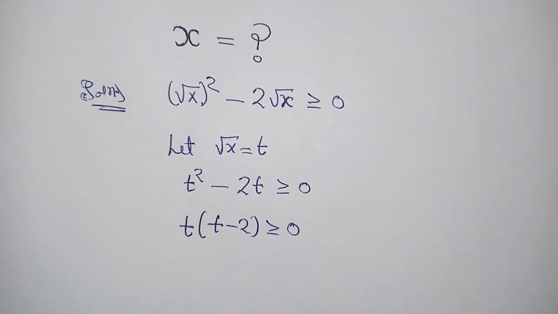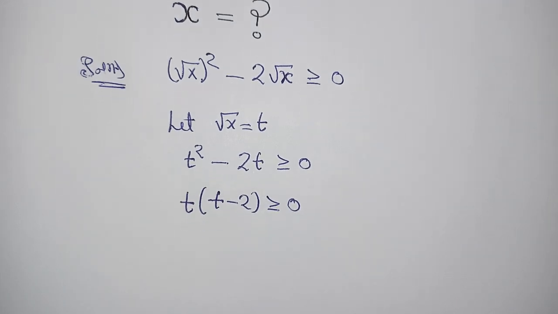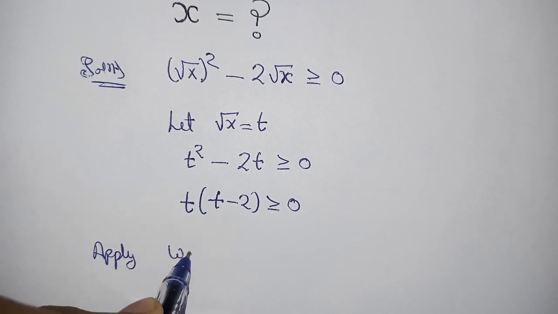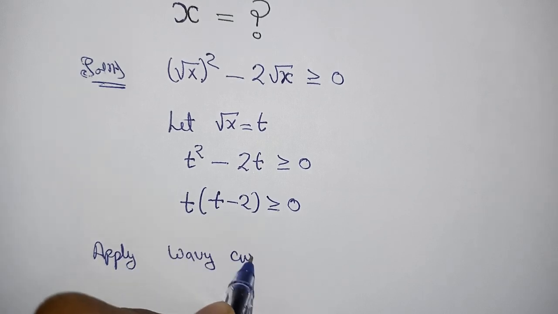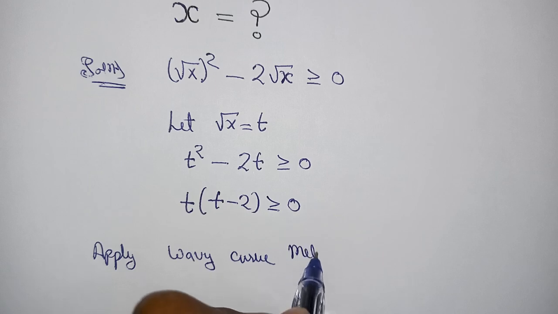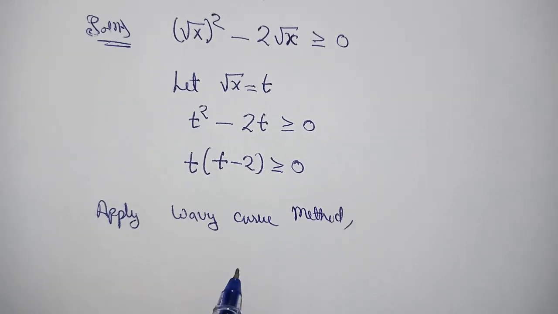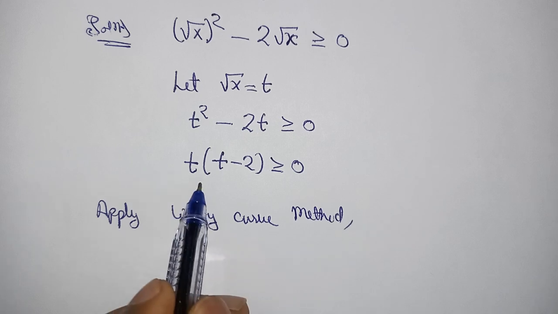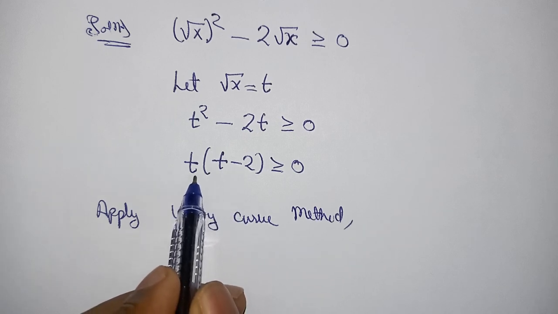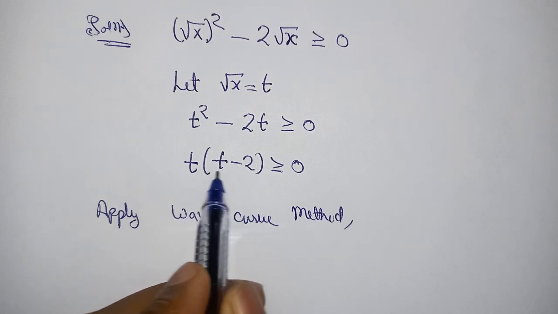Now we can apply the wavy curve method. In this method, we represent the values. Here t into (t minus 2) is a factor.